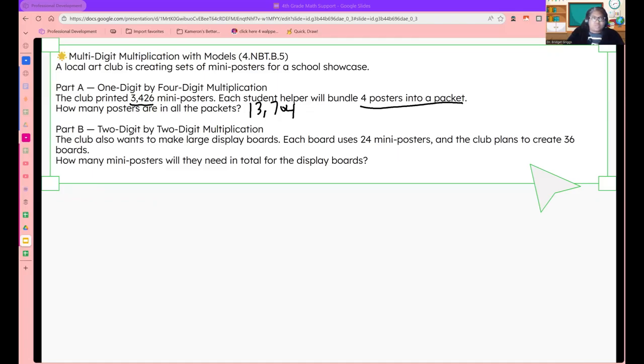So we know that we're doing 2-digit by 2-digit multiplication, and our numbers are 24 and 36. So that means we're doing 24 times 36. This time let's do an area model.